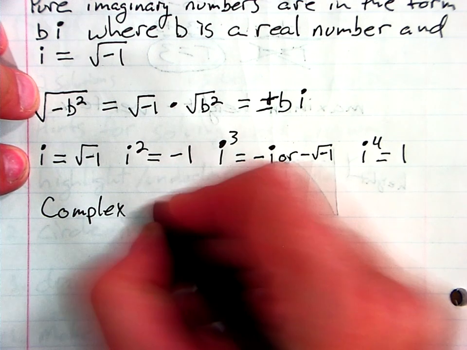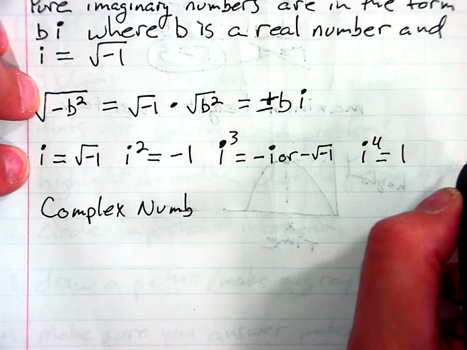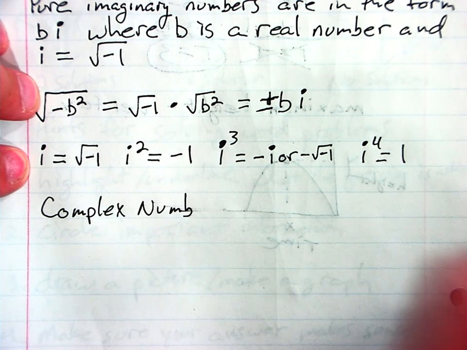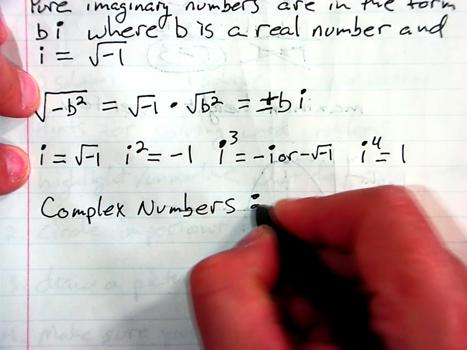Complex numbers. And don't worry about understanding this right now. I don't expect you to understand it. I haven't taught it to you, so just go with it for right now. We'll come back to it. We'll circle back.